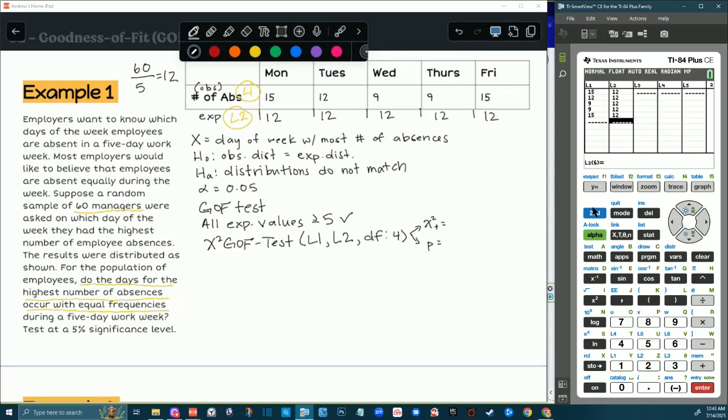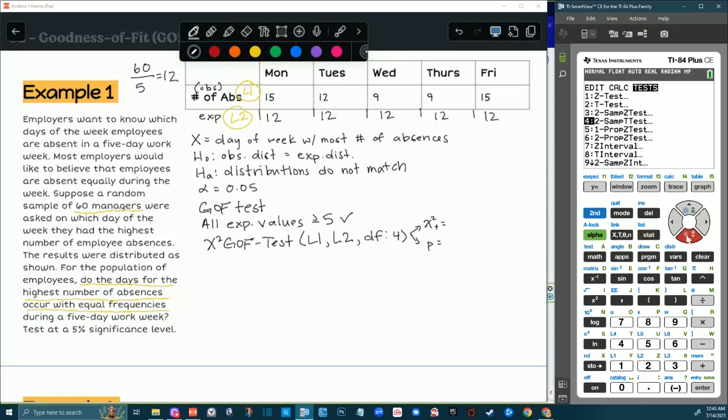I'm then going to press stat. I'm going to go over to tests, and I want to go all the way down to chi-squared GOF. I'm going to hit enter, and you'll notice it asks me, where is my observed, where is my expected, what's my degrees of freedom. And all of that matches what I wrote down, so I'm going to go to calculate, and I'm going to press enter.